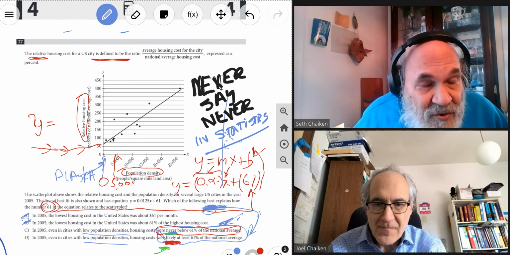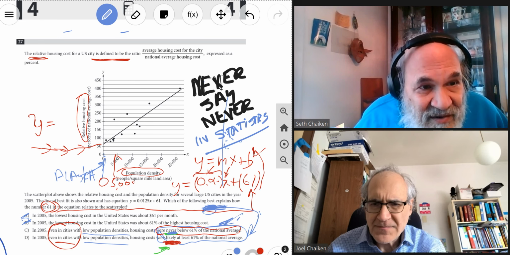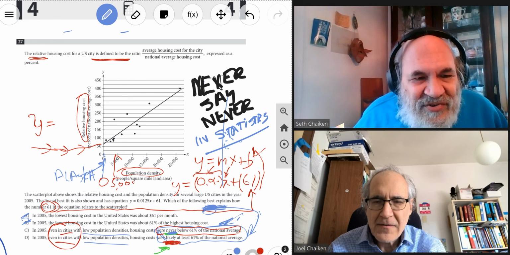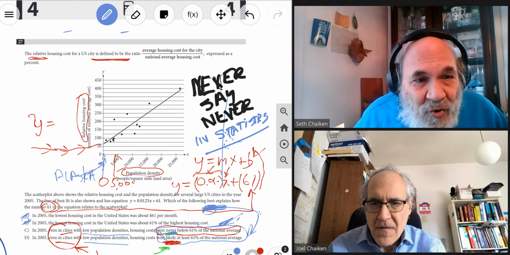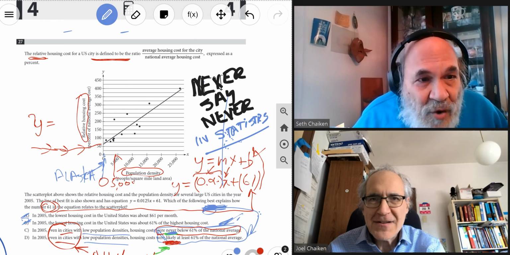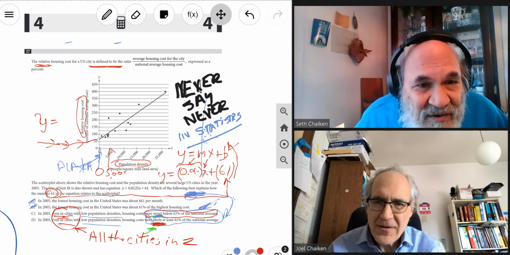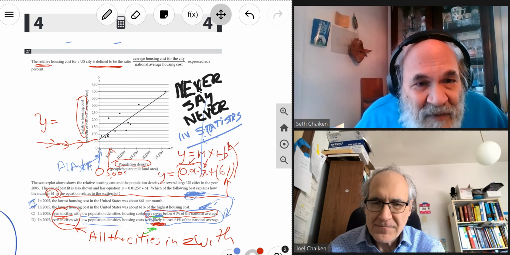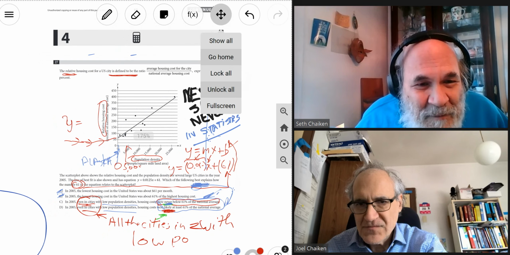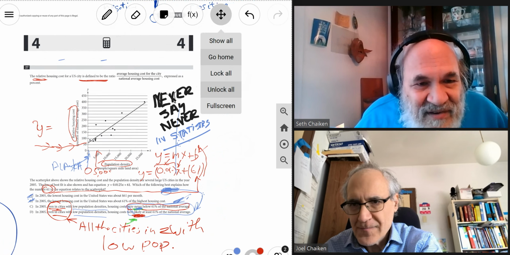When they refer to cities in the question, those cities they're referring to are all the cities. They're talking about cities with low population density. Even in all the cities with low densities.